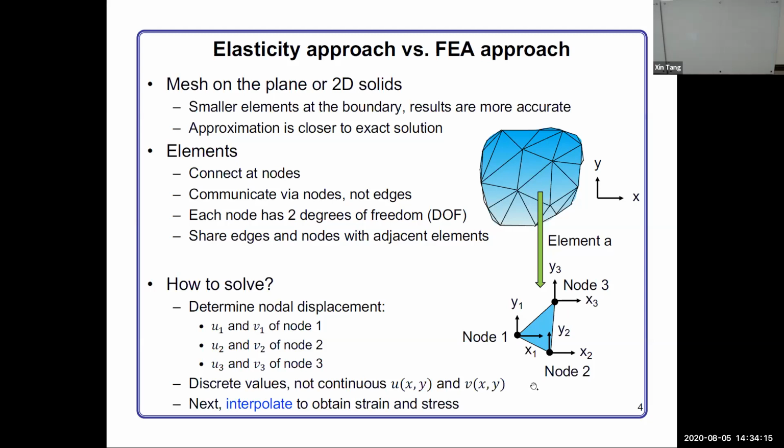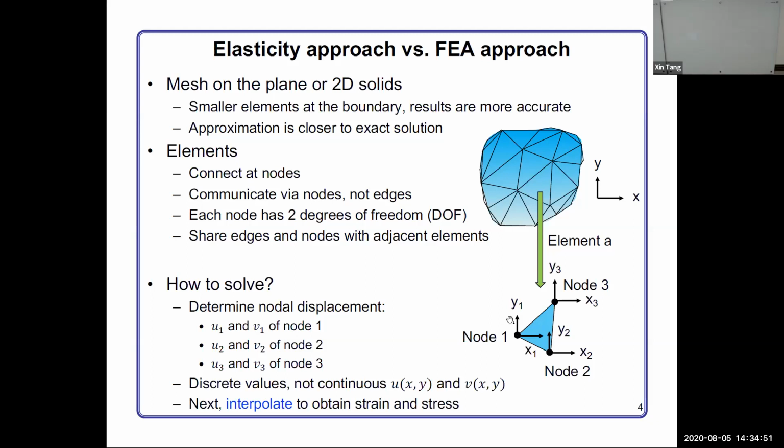Okay. On each node, as we said, you have 2 degrees of freedom. You will have displacement u1 on node 1, v1 in the y direction. For node 2, we will have u2 in the x direction, v2 in the y direction. For node 3, we have u3 in the x direction, v3 in the y direction.